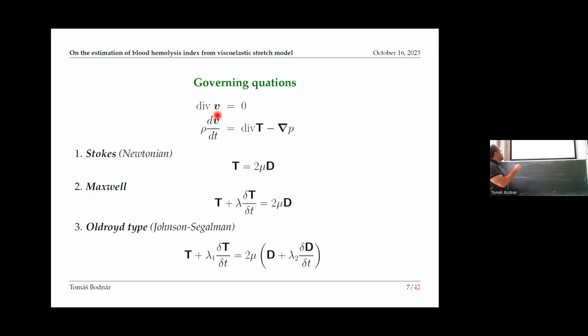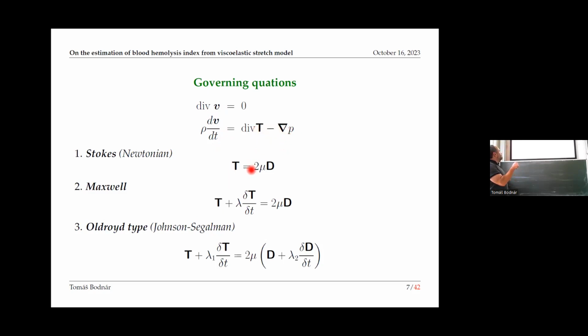So we still consider it an incompressible fluid with this balance of momentum, where for the stress tensor we separate the pressure first from it, and then the remaining part. I'm not saying it's spherical and deviatoric because it's not completely true.